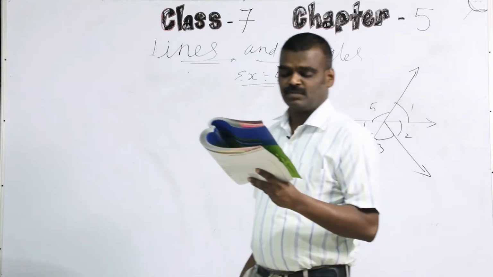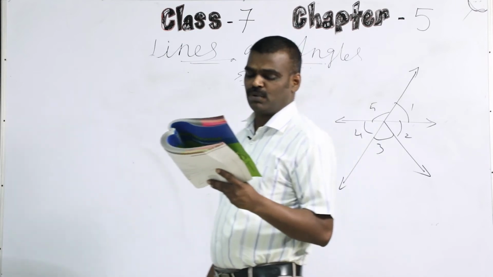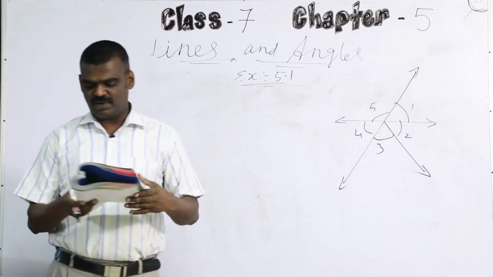Look at the textbooks. Indicate which pairs of angles are vertically opposite angles and linear pairs of angles.